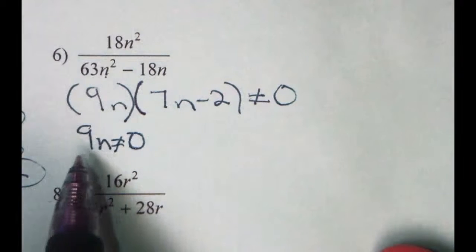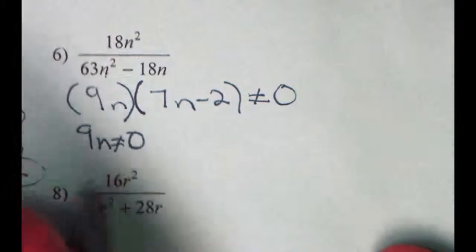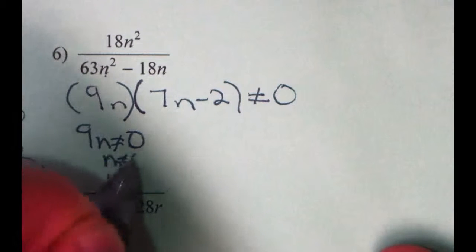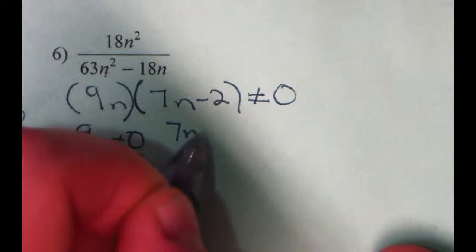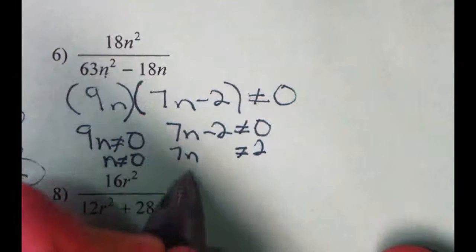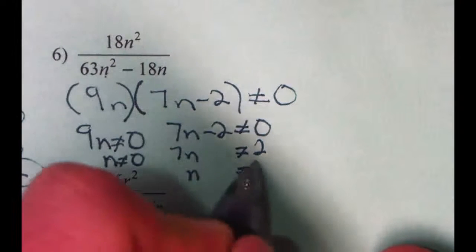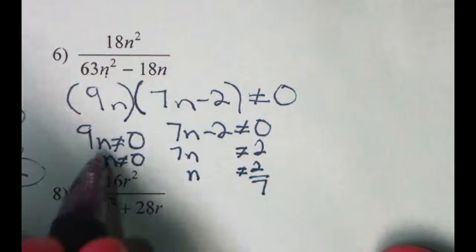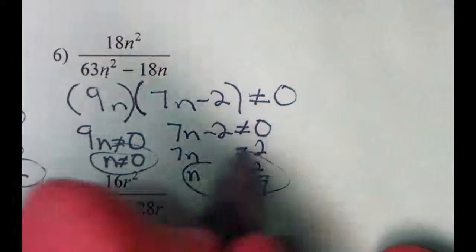So we get 9n not equal to 0, so n's not equal to 0. But we also have this, right? So you get 7n not equal to 2, divide both sides by 7. So we get 2 excluded values.